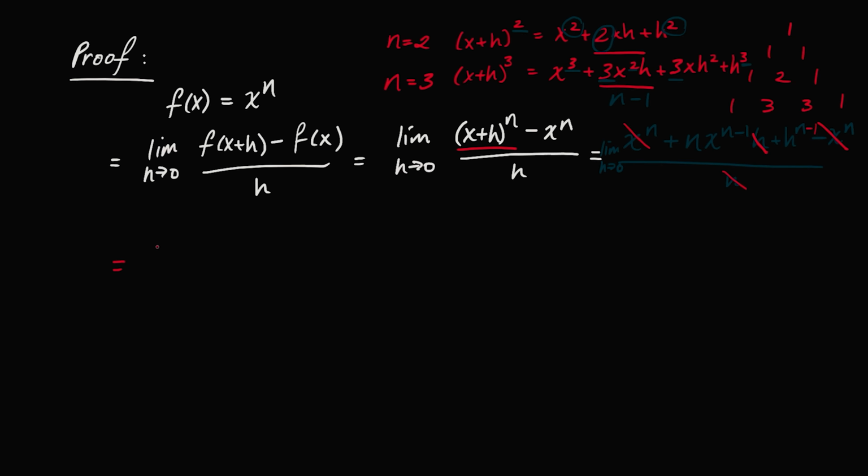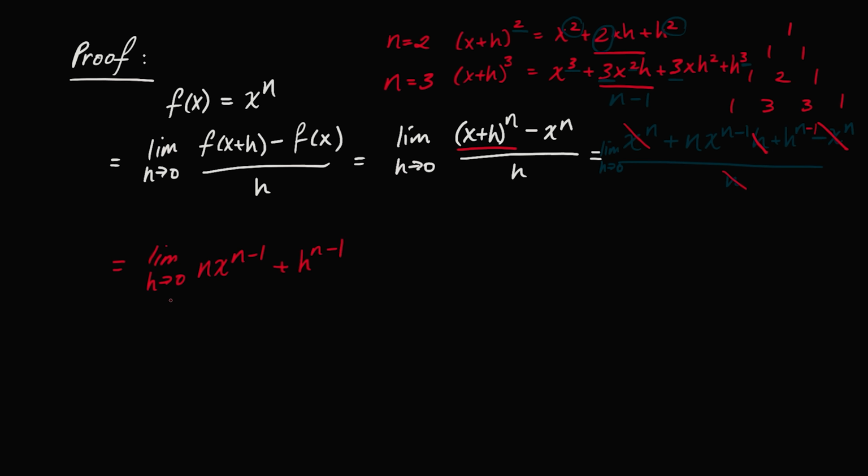So at the end, you're going to have the limit as h approaches 0 of n times x to the n minus 1 power plus h to the n minus 1.